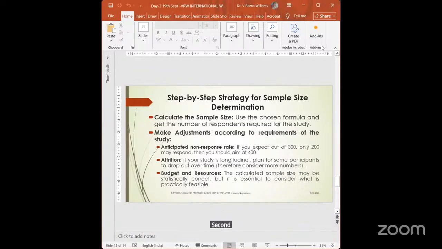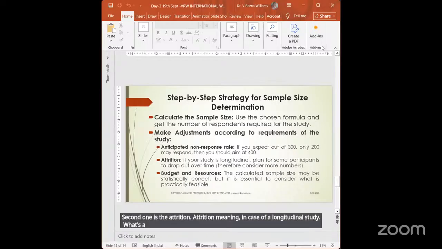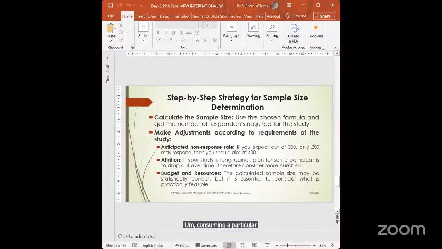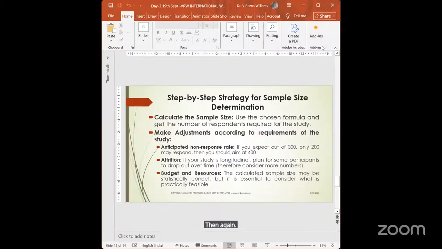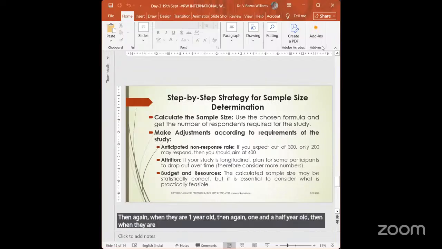Second one is attrition. Attrition is relevant in the case of a longitudinal study. What's a longitudinal study? A study which I'm doing over a period of time. Like, I'm doing a study on children consuming a particular supplement, say maybe Chyawanprash, and how it's affecting them. So I do a study when they are 6 months old, then again when they are 1 year old, then 1.5 years, then 2 years, and 3, and so on.